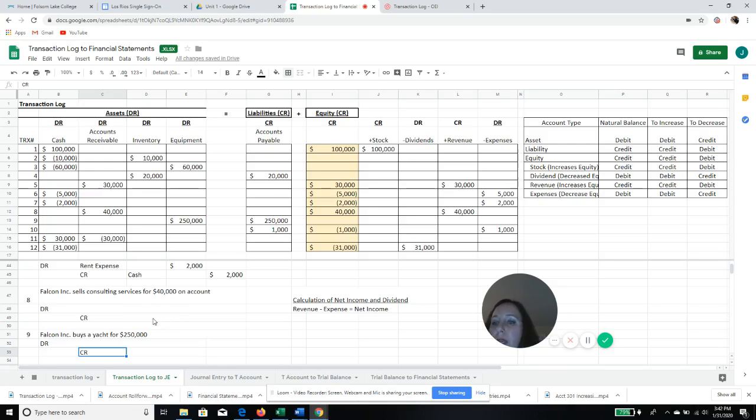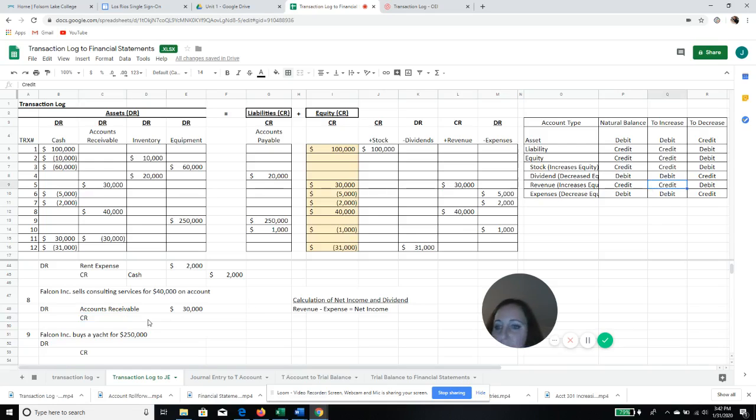Next, we sold consulting services for $40,000. So we increased accounts receivable. Accounts receivable is an asset, so we debit. And we also increased revenue.